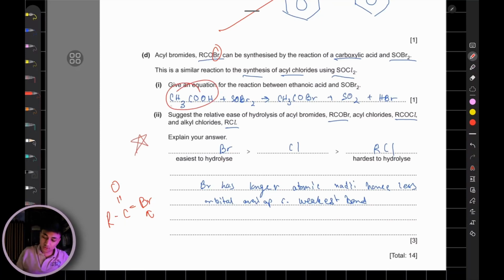So you're going to have ethanoic acid reacting with SOBr2, and it's going to produce your ethanoyl bromide, sulfur dioxide and HBr. So it is exactly the same as ethanoyl chloride production. You would have sulfur dioxide and HCl being produced instead of HBr. That's the only difference.